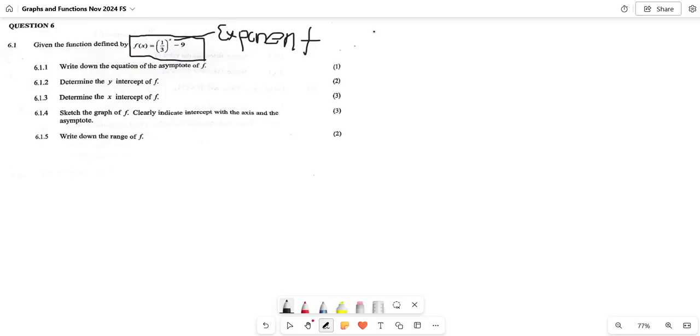The standard equation says: f of x is equal to a multiplied by b, all to the power of x, plus or minus q. This is the standard equation of an exponential function for learners doing technical mathematics.